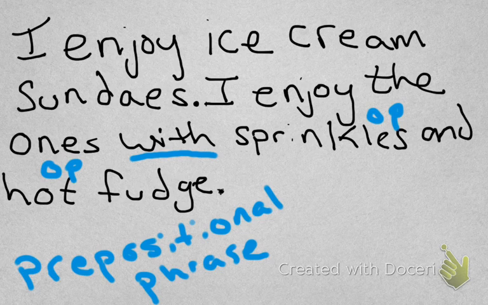So what I can do, remember I want to get rid of the redundancy of I enjoy ice cream sundaes, and I enjoy I want to have, I can combine these in one sentence by simply crossing off I enjoy the ones, get rid of that period. And now I have, as my new sentence, I enjoy ice cream sundaes with sprinkles and hot fudge.